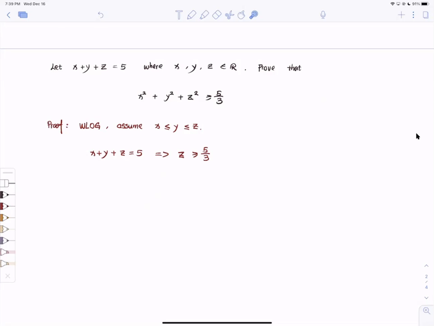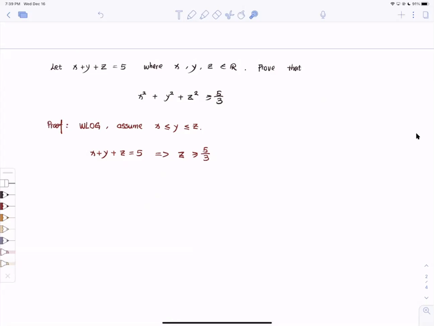Okay, how did I get 5 over 3? Because when they are all equal, then each of them is 5 over 3. We know that those two numbers are less than this number.